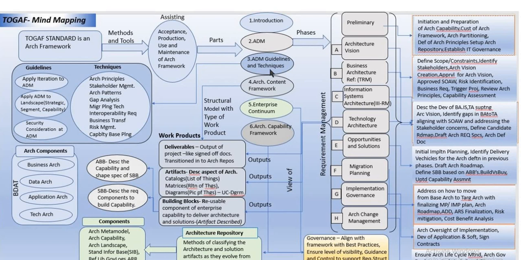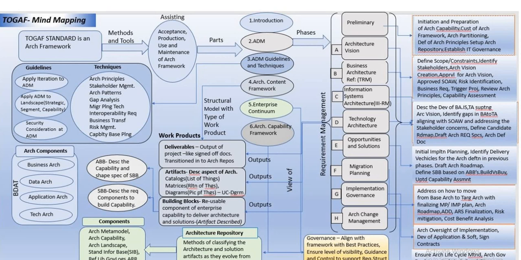Then the introduction, the ADM, and parts 1, 2, 3, 4 up to 6, the architecture capability. The ADM has phases from A to H, with requirements management, and each one is defined, from the preliminary phase and architecture vision. We can see the entire TOGAF mind mapping, which defines the architecture here.